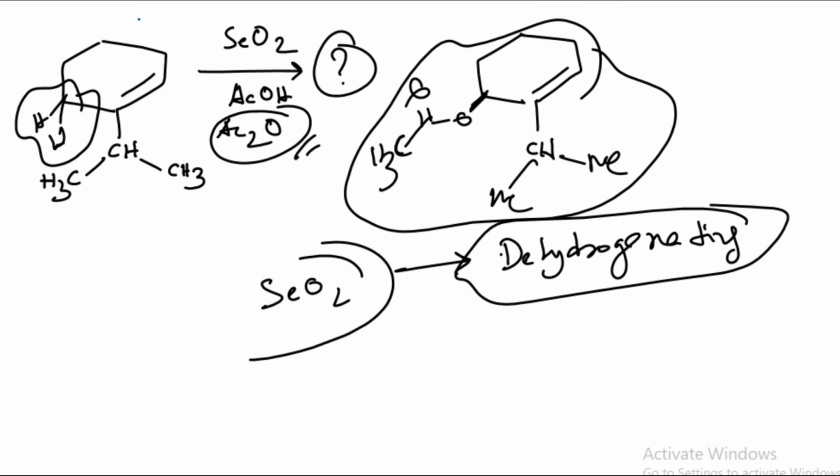But this 1,2-diketo forming reaction, the Riley oxidation, and this allylic hydroxylation are very important with respect to this dehydrogenating reaction. So I am making a video on this topic, but somewhere later I will make a video on this type of reactions of selenium oxide.